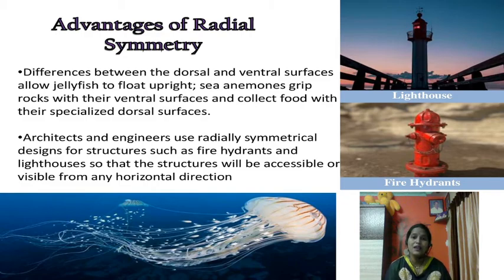Human beings always take inspiration from nature. Architects and engineers use radial symmetrical designs for structures such as fire hydrants and lighthouses. You can see the picture of a fire hydrant and lighthouse, so that the structures will be accessible or visible from any horizontal direction.